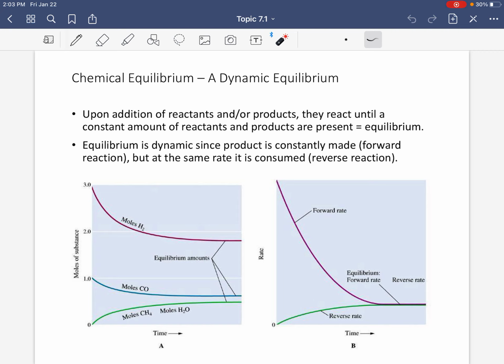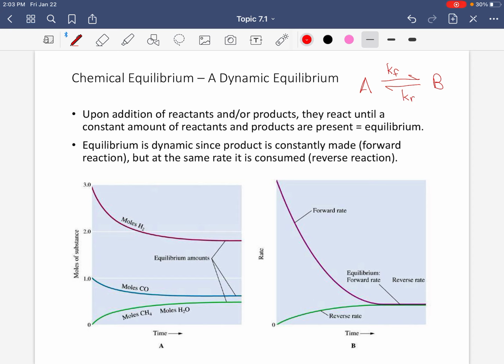That's all good. Okay? But how are we going to relate what we learned back in chapter 6 to what we're learning in chapter 7? Well, this is exactly what you need to know. In a reaction where you're going from A to B or going backwards, which we are going to replace with what we call an equilibrium arrow, you have a certain speed for the forward reaction and a certain speed for the backward reaction, or the reverse reaction.